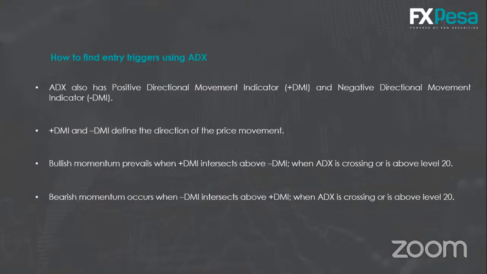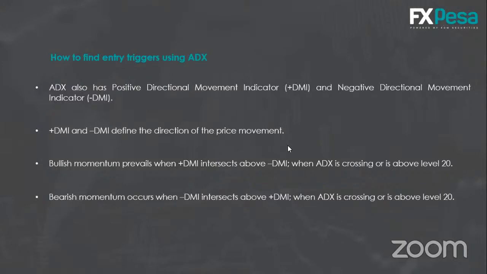These two other lines are the positive directional movement indicator, denoted by positive DMI. It also has the negative directional movement indicator, denoted by negative DMI. These two lines basically define the direction of the price movement.